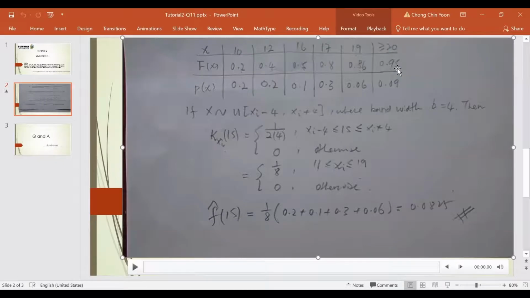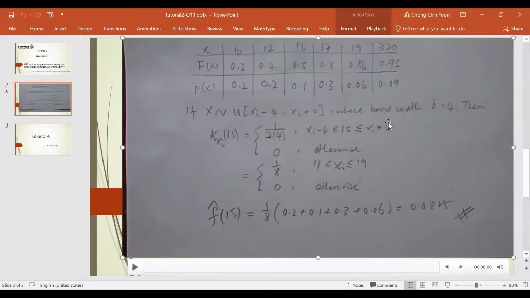Do not think that this question has an error, because remember in kernel distribution it's just approximate. You may not get the total probability as 1, because in the kernel distribution we try to convert the discrete into what we call the kernel smoothed distribution. You may have some error, so you may not get 1.